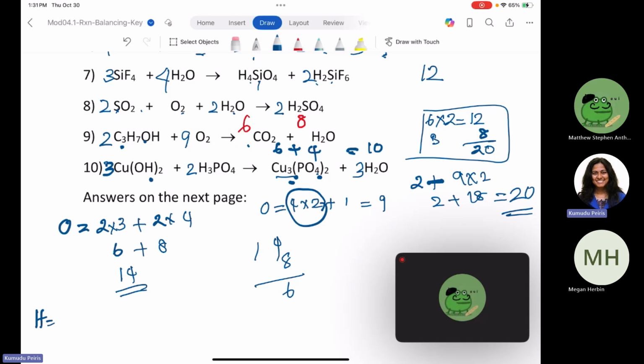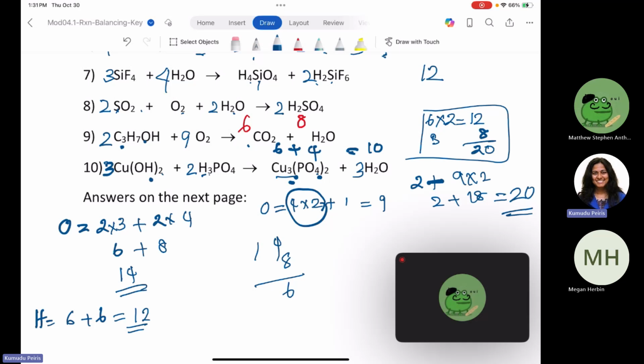Right. Now let's see if hydrogens are balanced on both sides. Hydrogens on the reactant side, 2 by 3, 6 plus 2 by 3, 6. So altogether I have 12 hydrogens. In this side, no, the hydrogens are not balanced. What should we do?